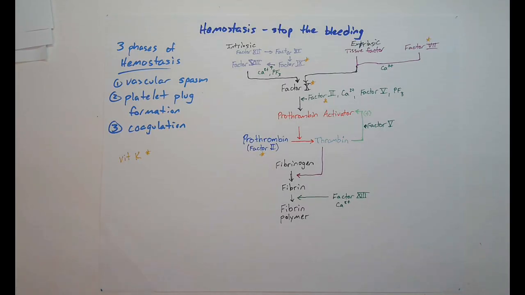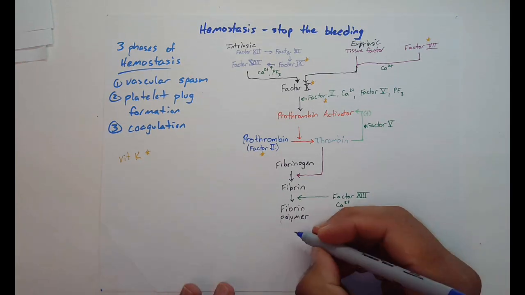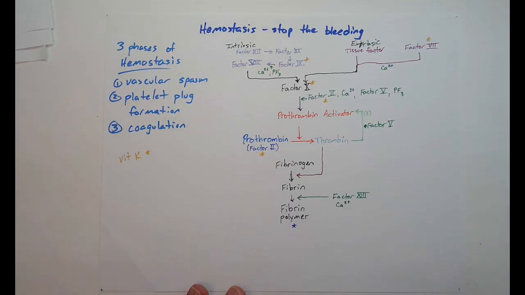Coagulation. This is video number 3. Now, this whole entire time I've been saying there's going to only be 3 videos for hemostasis, but in fact, we're going to make a 4th. And in the 4th video, we're going to have to break down this fibrin polymer once the tissue heals.